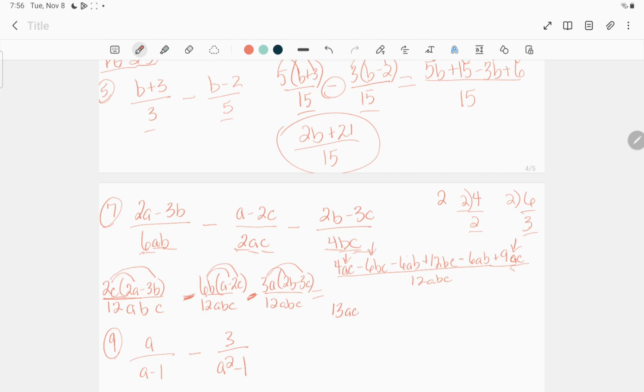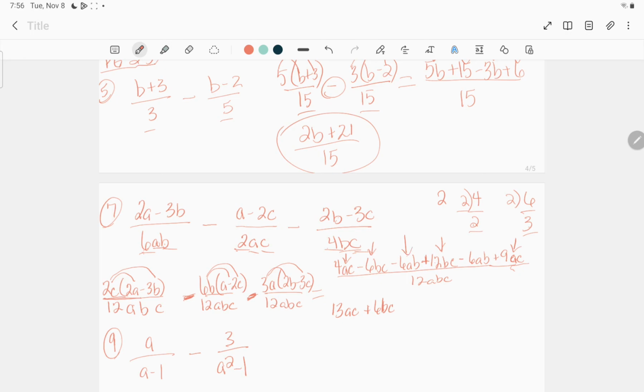Here I have a negative BC and a positive. So negative 6 plus 12. Remember, I'm just going to subtract them. 12 minus 6 is 6. And I'm going to put whatever the sign is of my bigger number. So positive 6BC.